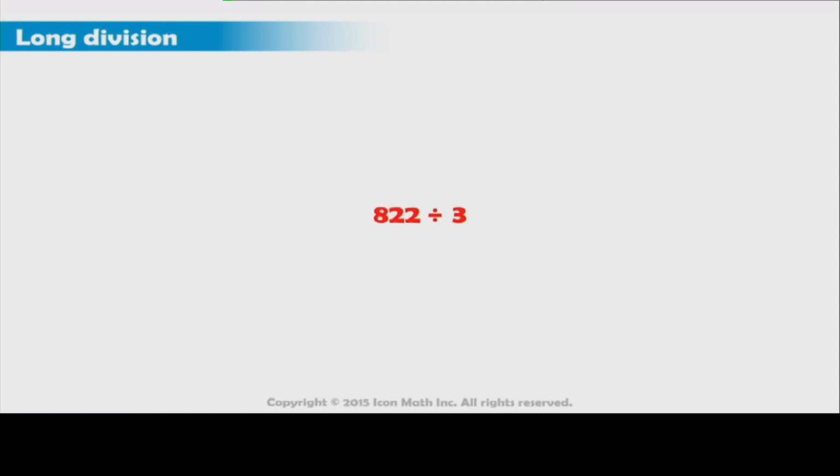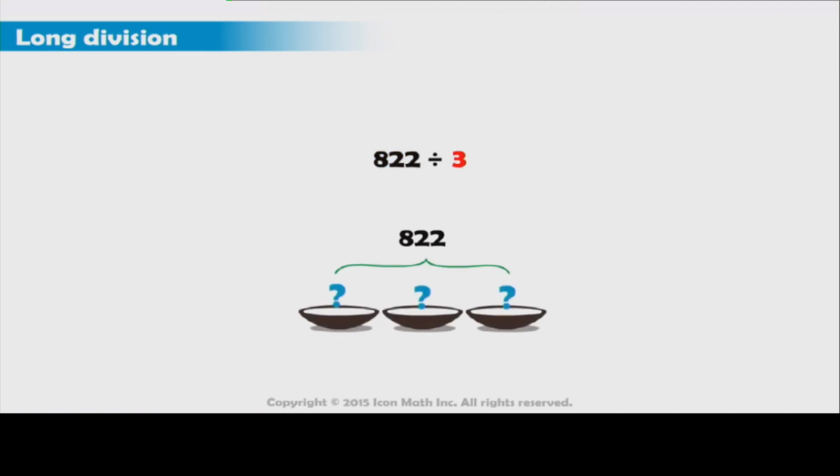With division, we are asking, how much is in each group if we want to evenly divide 822 among 3 groups? 822 divided by 3. To start this division, we draw the long division symbol, and then we write our dividend, 822, inside it, and our divisor, 3, on the left of it.